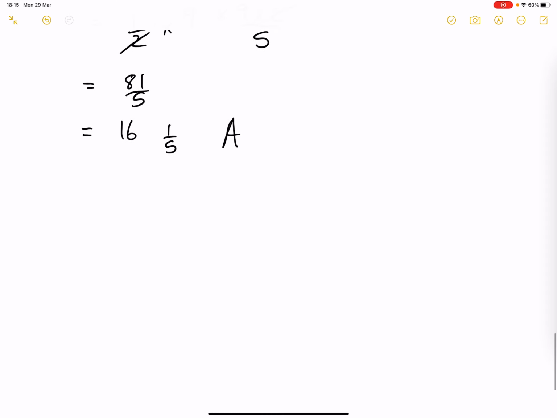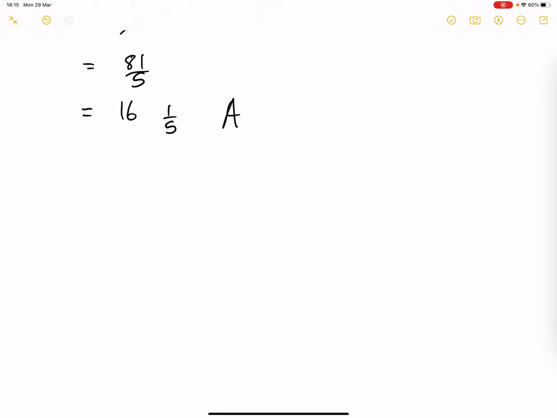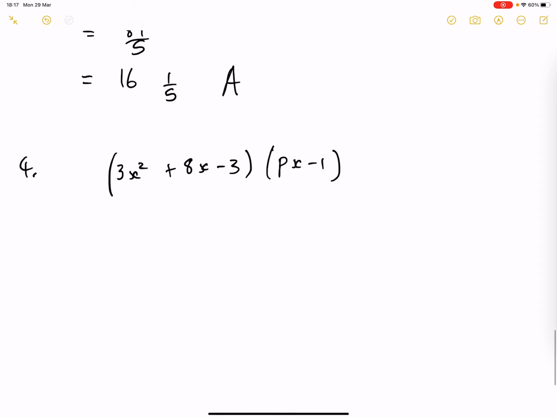So then next, question 4. In question 4, we are told that 3x squared plus 8x minus 3 is multiplied by px minus 1. And then the resulting product is divided by x plus 1.